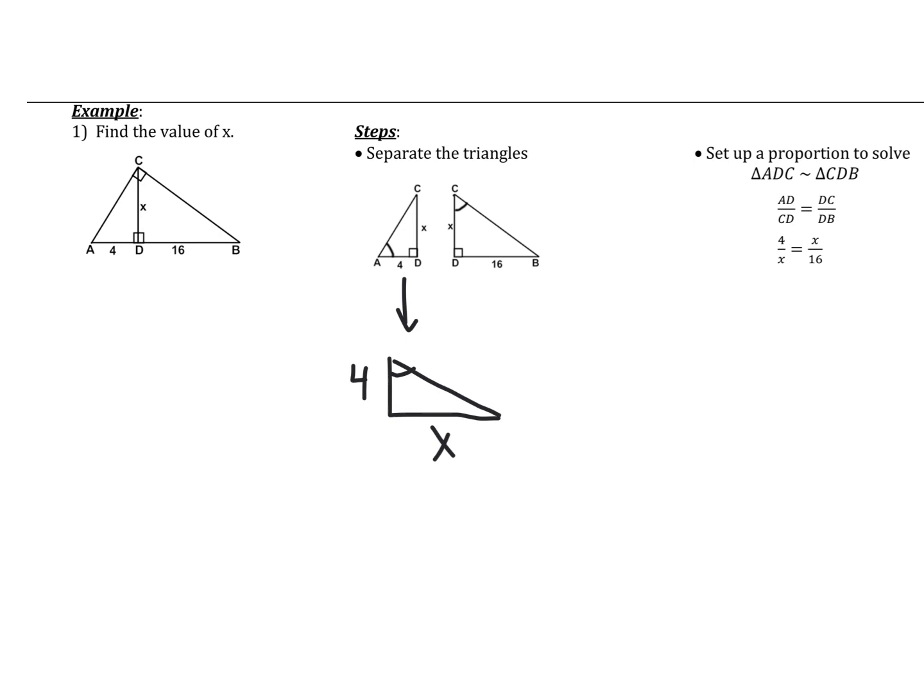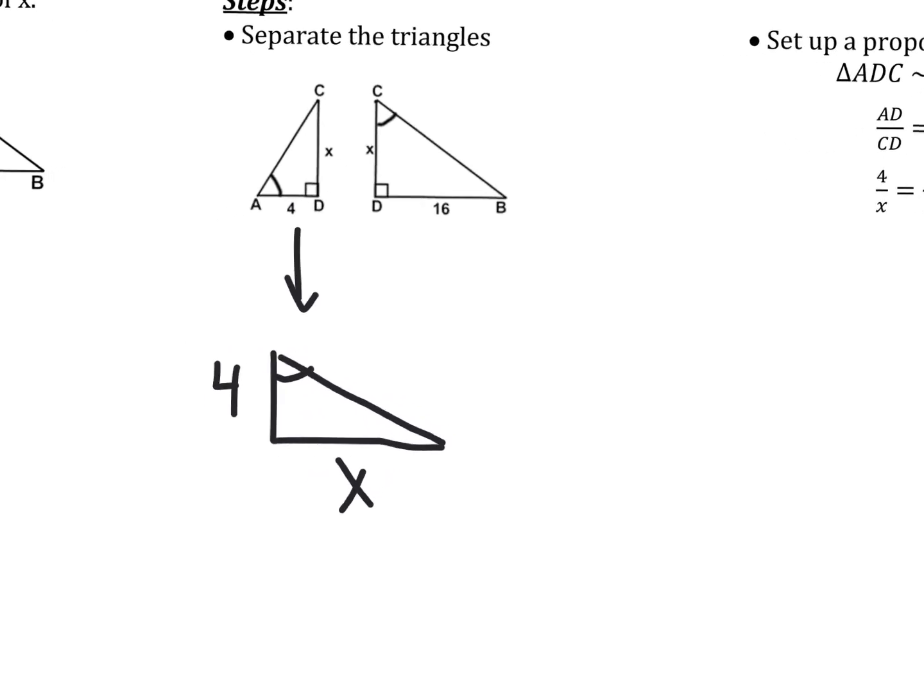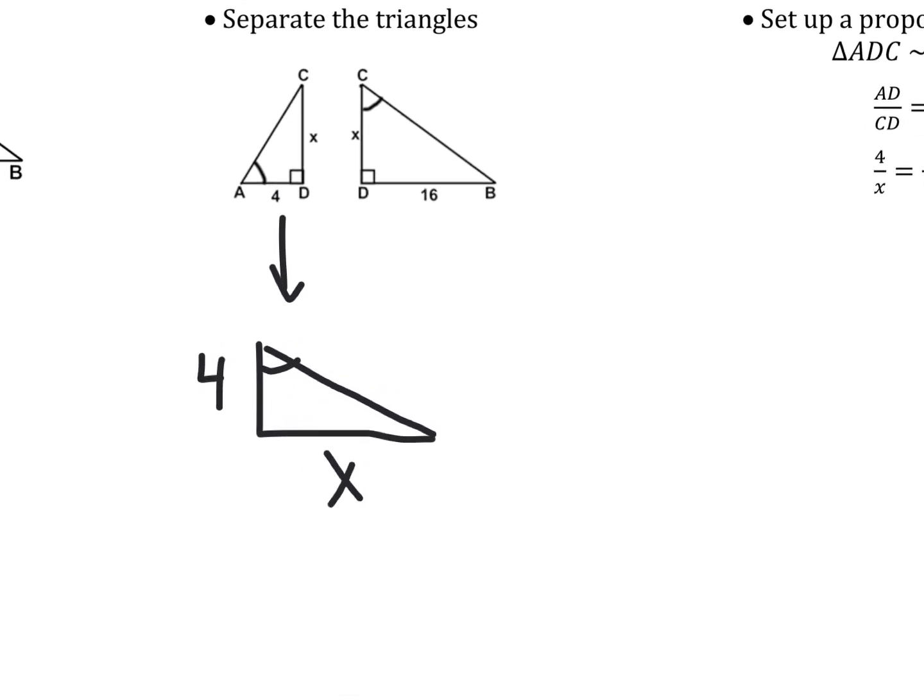Besides just separating them, I personally find it helpful to also rotate the triangle. If you'll notice the angle measure here, we have this angle and this angle that are marked to be the same as each other. So I just turned the triangle on the left, rotated it 90 degrees.